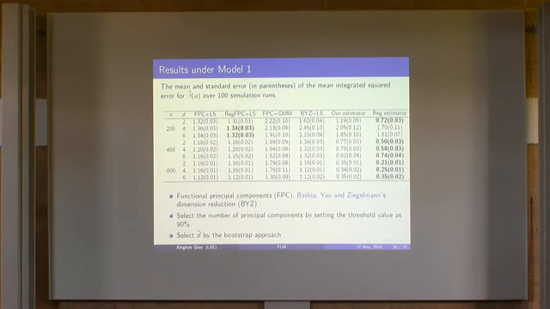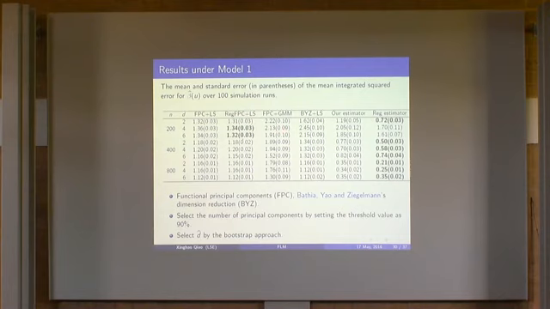Okay, so we try different approaches, and the first one is FPC plus least squares. First of all, you use principal component analysis for the dimension reduction, and then transform the functional regression to the multivariate linear regression, and then apply least squares. And also we can develop the regularized FPC approach plus least squares.